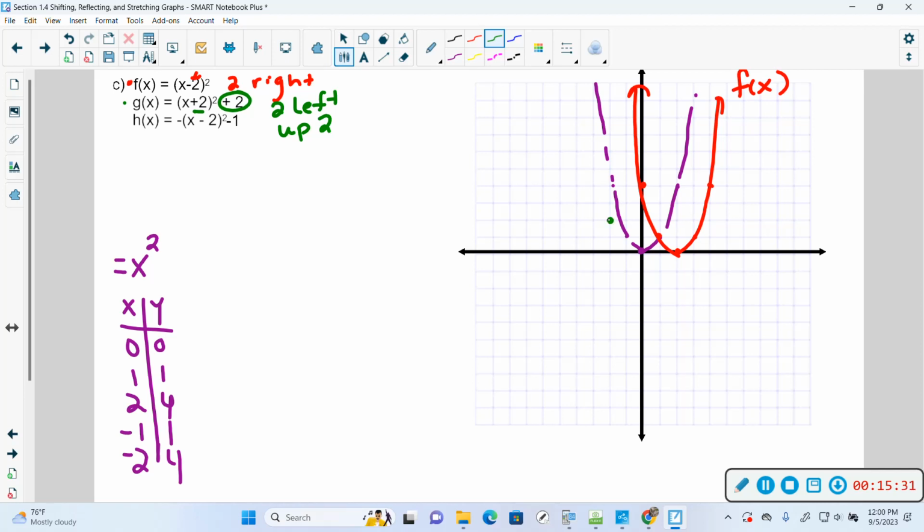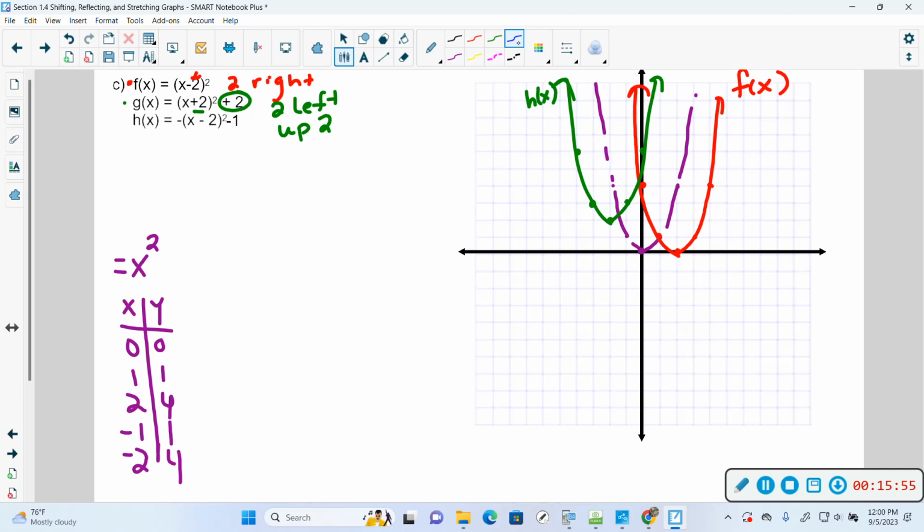I'm going to start at negative 1, 1, 2 left, 2 up. Negative 2, 4, I'm going to go 2 left, 2 up. 1, 1, 2 left, 2 up. And then of course my 2, 4, 2 left, 2 up. Got it. Okay, and let's just label that guy h of x.